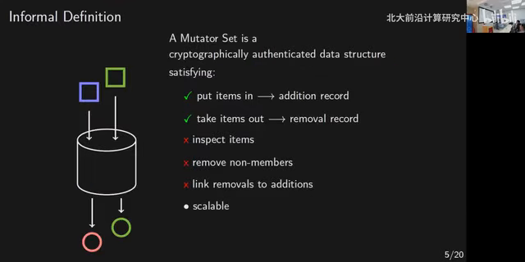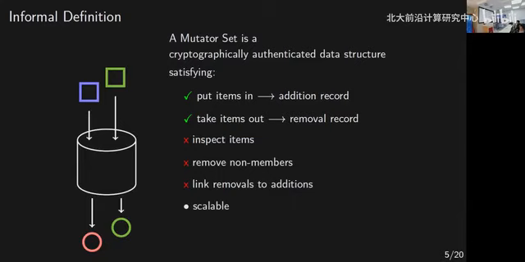And we can get a little more concrete. We can actually start defining features that we want the ideal mutator set to have. So this is a cryptographically authenticated data structure. Think of Merkle trees, but with fancy properties. You can put items in, and you can take items out. And whenever you put something in, the thing that is visible to the rest of the world is the addition record.